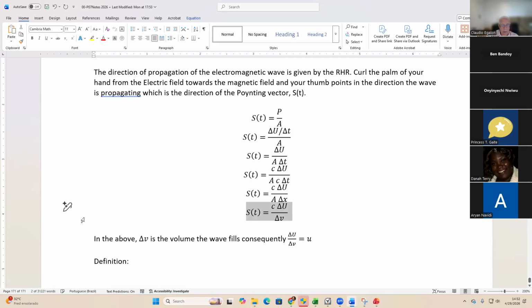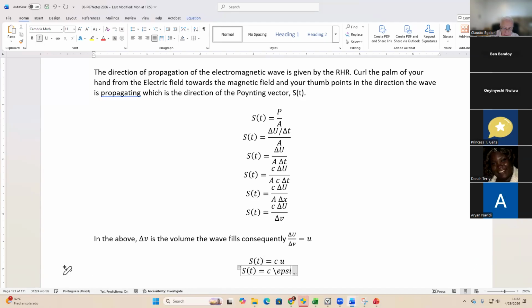And now we can write it as lowercase u, which, by the way, is related to the electric field as well.